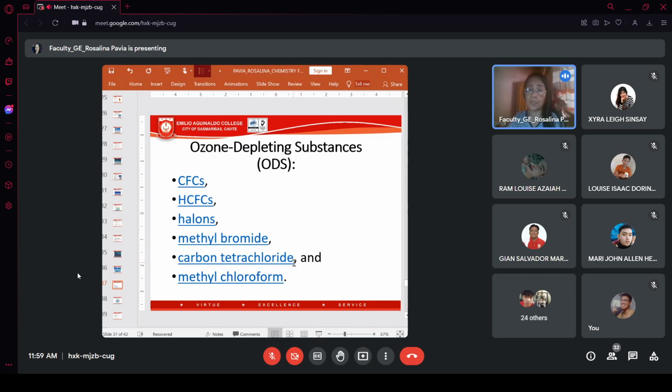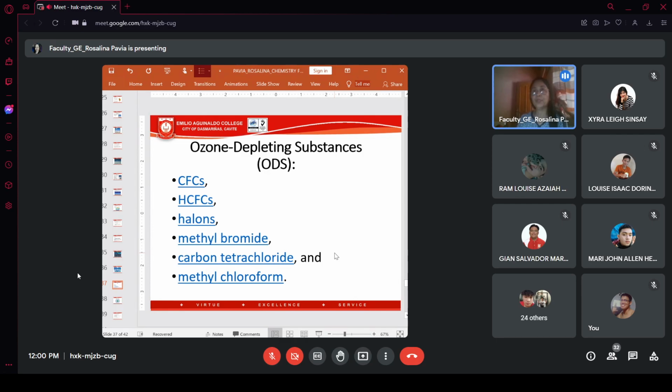Dapat may permit na. And you cannot just throw away spent carbon tetrachloride in the sink. Pag gumamit ka ng carbon tetrachloride sa experiment, hindi pwedeng itapon sa lababo. There are certain containers that you are going to have para doon mo i-dispose yung mga used chemicals in the laboratory.